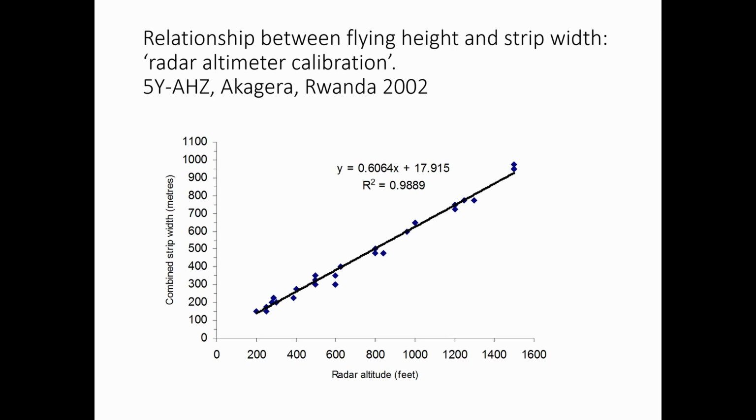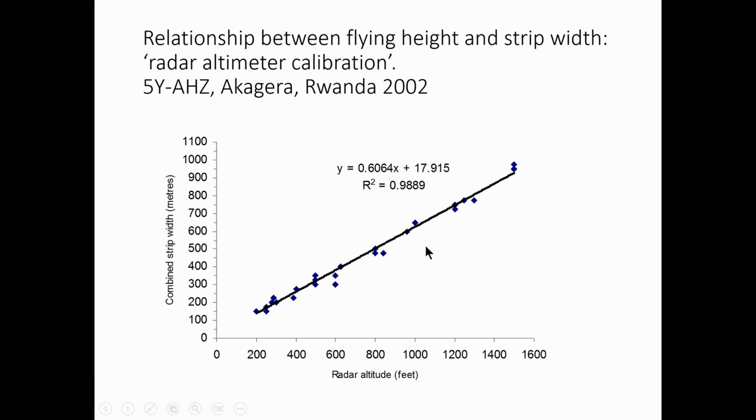But given that this was into the Akagera Valley, where you're coming off big hills and going down into the bottoms of the valley, we had to have a very big range. So we tested it right up to the very tops, even knowing that if you came off the top of a hill at 1,200 feet, you probably wouldn't see much apart from elephants, but at least we remained safe.